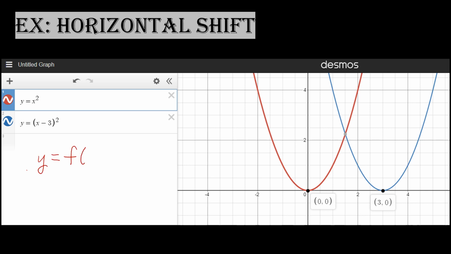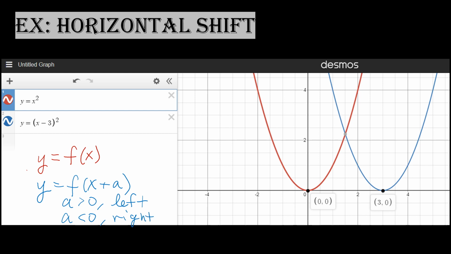If we have a parent function y = f(x) and a transformation f(x + a), if a is greater than 0, so we're adding a positive number, that's going to shift our graph to the left. Or if we're subtracting a number, or adding a negative number, that's going to move us to the right.